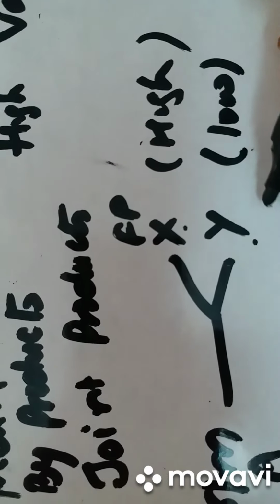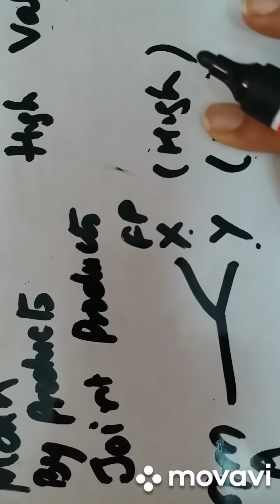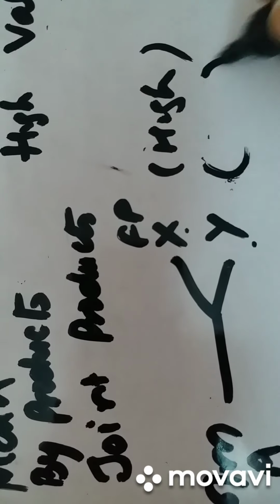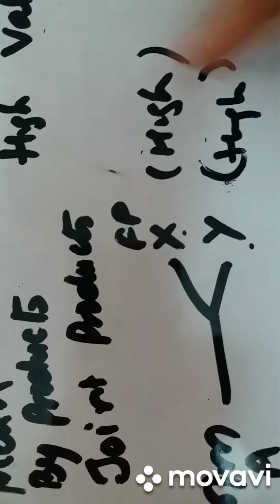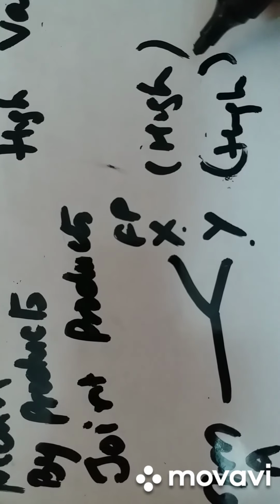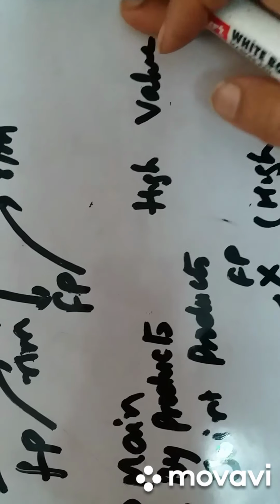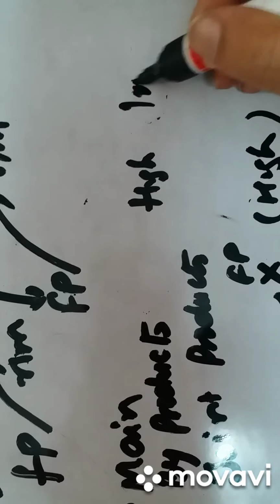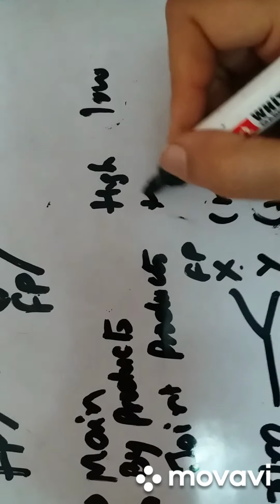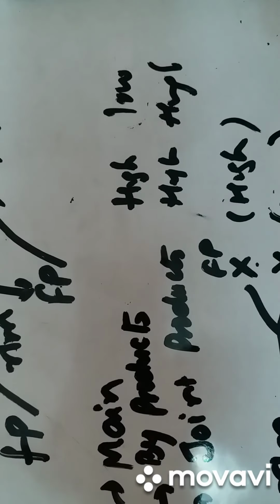So X is the main product and Y is the byproduct. But if both have similar values, let's say both high, valued equally, then they are called joint products. When one is high and the other is low, we say byproduct. When the value is high for all the products produced, we say they are joint products.